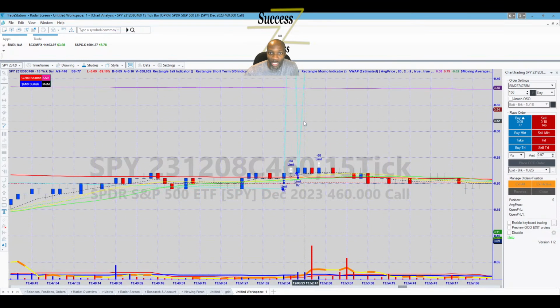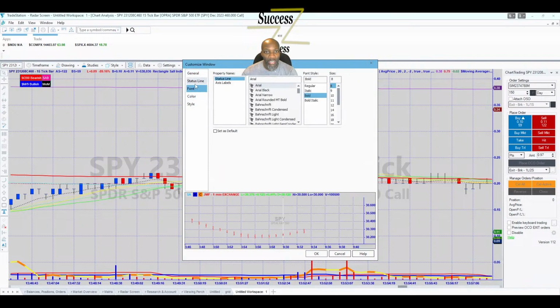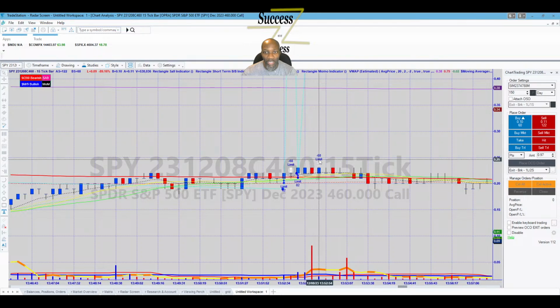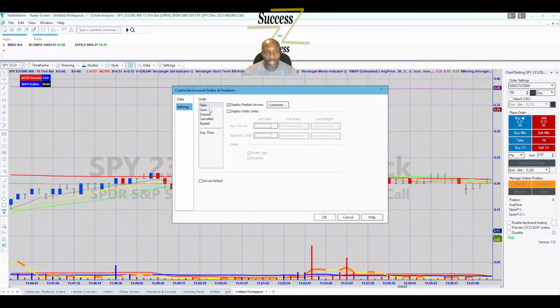I don't know if you can see this line. I should have changed the color. Let me see if I can make this a little bit easier to see. Open order lines. Try to make this easier to see.